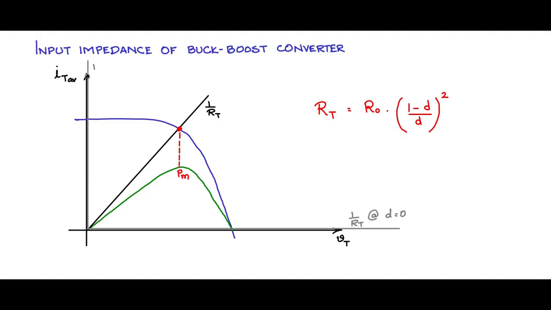So let us draw that and then mark it 1 by RT at d is equal to 1. So as d progresses from 0 here, the load line from a horizontal value starts moving to a load line which is vertical, which is having infinite slope at d is equal to 1.